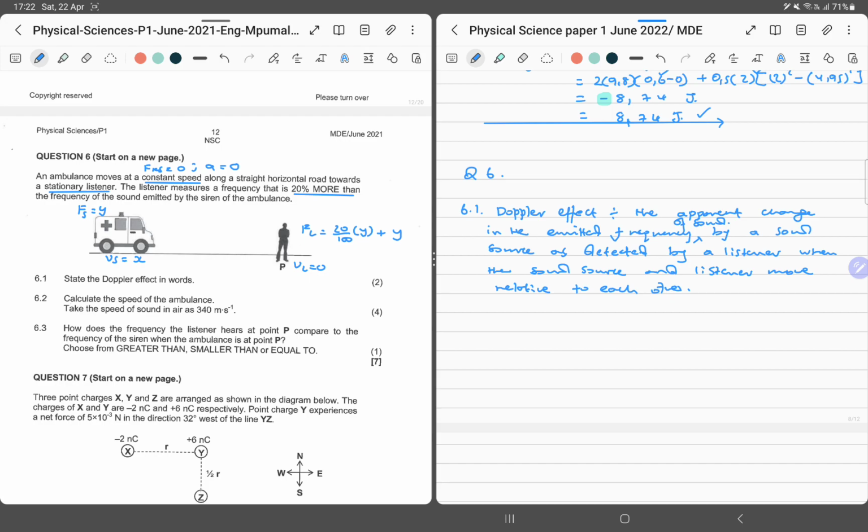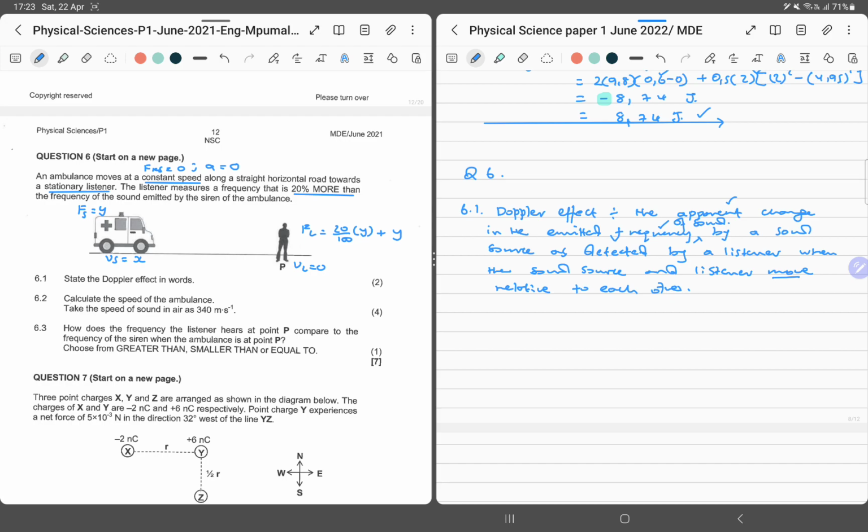Okay, please guys know these things. Some definitions can be a bit wordy, they have a lot of words, but it's an apparent change that matters, in the frequency of a sound source as detected by a listener when the sound source and the listener move relative to each other, because there has to be some movement in relation to one another. So that's how you scoop the 2 marks.